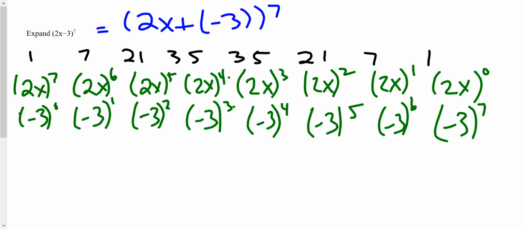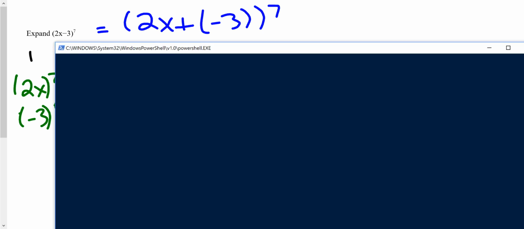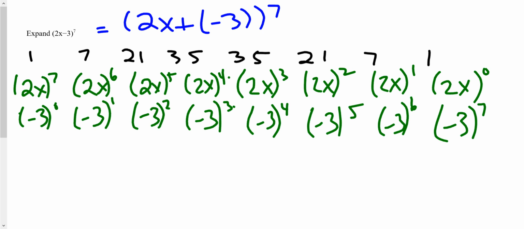Okay, so in this first one we're going to go 1 times 2 to the 7th times -3 to the 0. So 2 to the 7th is 128, so it's really 128 x to the 7th. And this next one's where most of the mistakes came in.